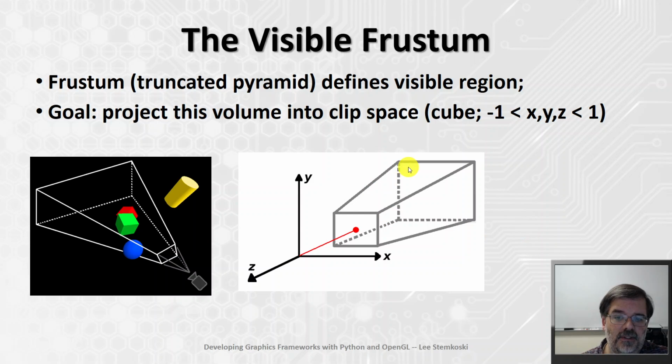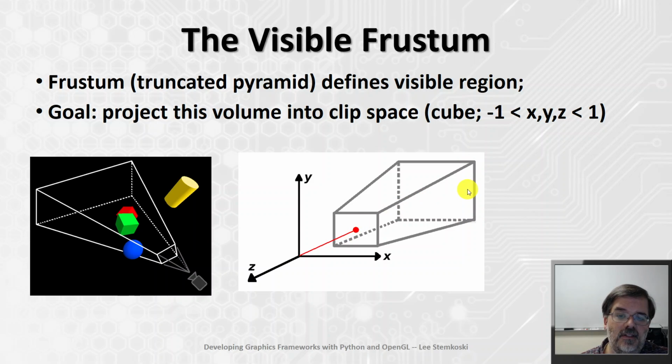Now, we described the shape of the frustum with words, but we need to define it mathematically, and we can define it by a total of 4 different parameters. First, there's the near distance, which is the distance from the origin to this first plane, and then the far distance, which is the distance from the origin all the way to the back plane of the frustum.